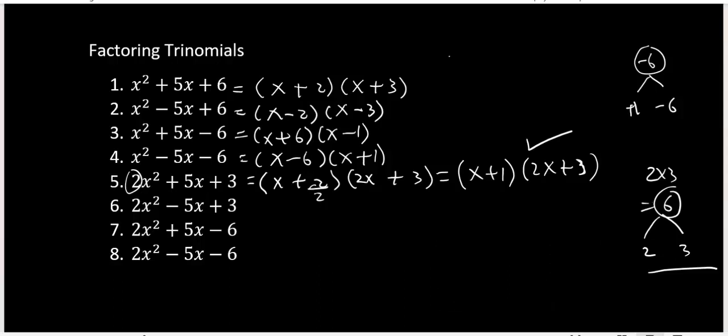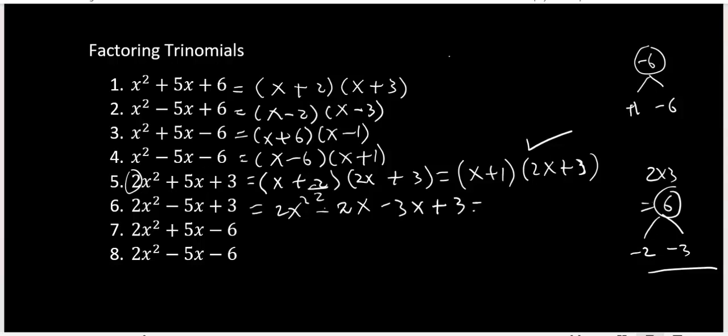So I'll process it using grouping method, but if you want to use the shortcut one, perfectly okay. This one I need -5, so I'll take -2, -3 now. So you get 2x squared minus 2x minus 3x plus 3.